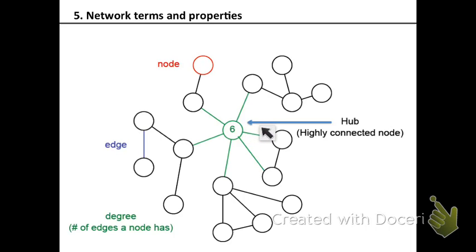Just like JFK is a hub for a bunch of airlines, right? Because a lot of the connections go through JFK. And the degree of connections means for a given node, how many edges does it have? So this node has 1, 2, 3, 4, 5, 6 degree of connections. Okay.